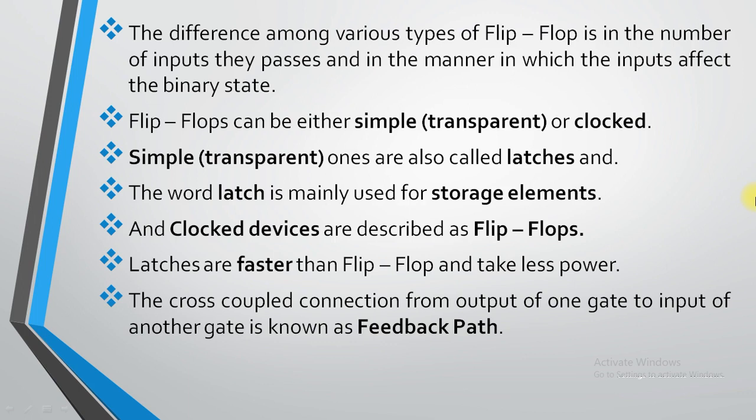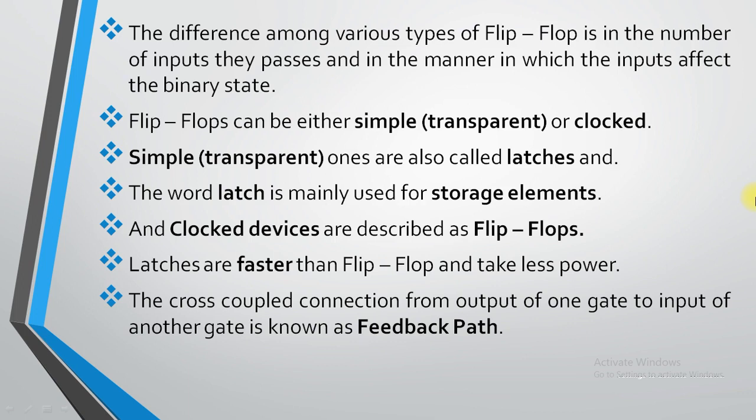Why? Because with a flip-flop we have attached a clock, so definitely one input is increased. So naturally the data would be slower in that case. Compared with latches, flip-flop is slower and latches are faster. Is that clear to everyone?